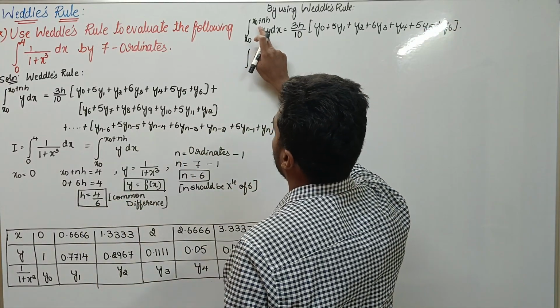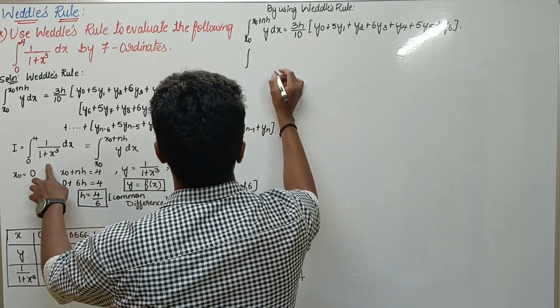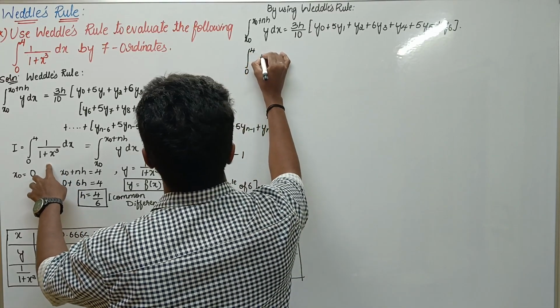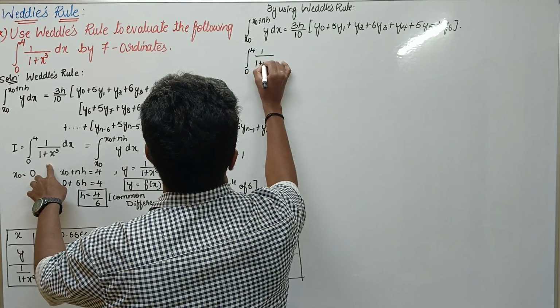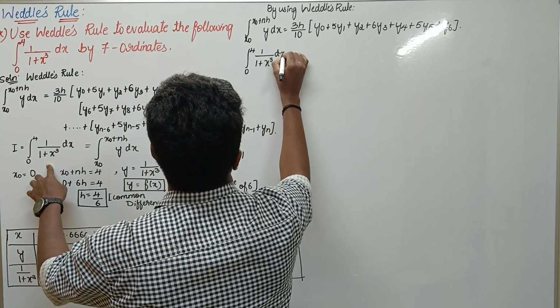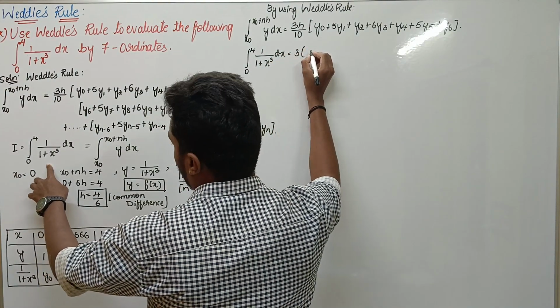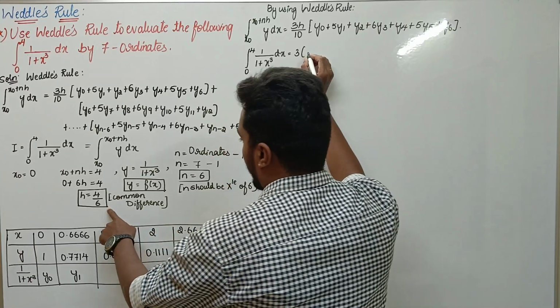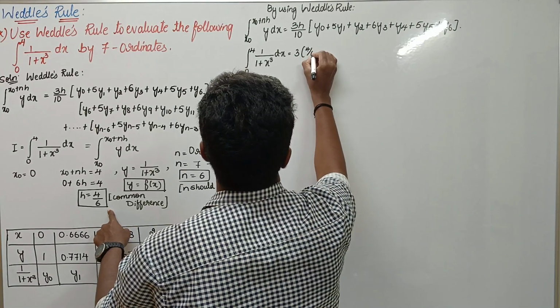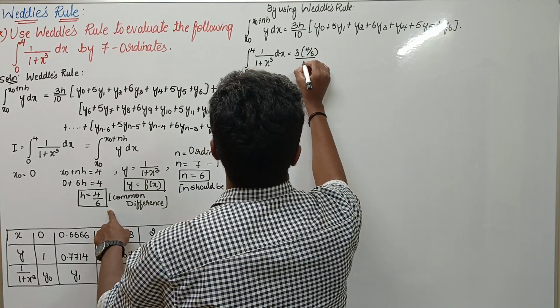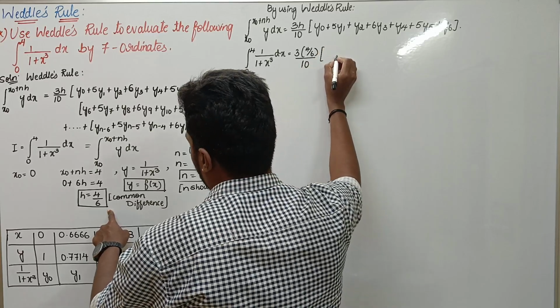After this, represent the integral. The integral from x0 to x0 plus n into h of y dx, I can represent as the integral from 0 to 4 of 1 by 1 plus x cube dx, which is equal to 3 into, what is the value of h? h, I have 4 by 6, divided by 10 into y0.